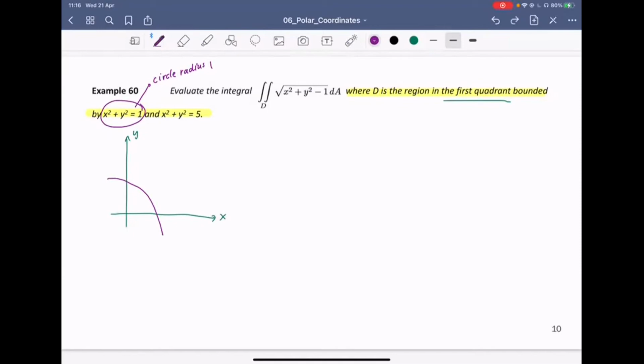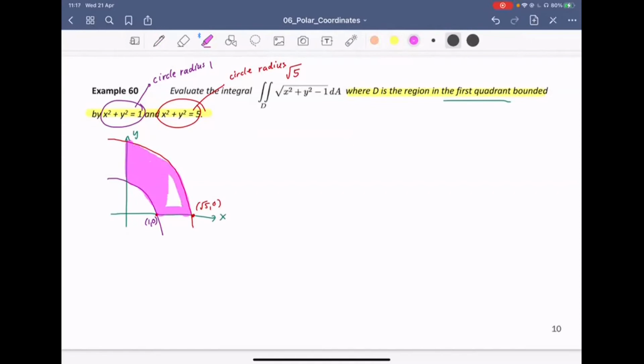And then next we have x squared plus y squared equal to 5. This is a circle as well, but the radius is square root 5, because we have 5 on the right hand side. This is square root 5 and 0 at this point, and this is 1 and 0 at this point.